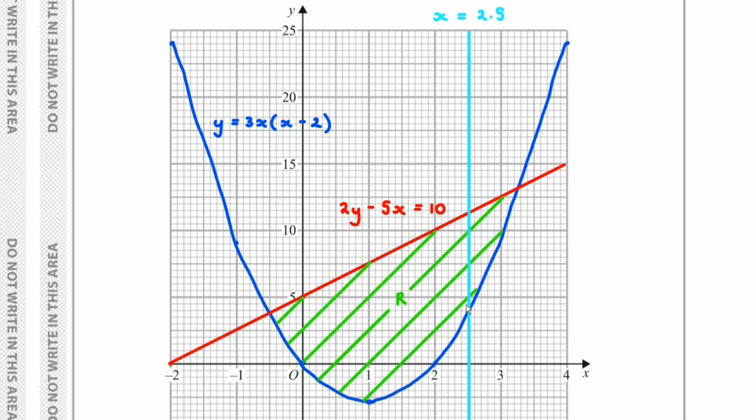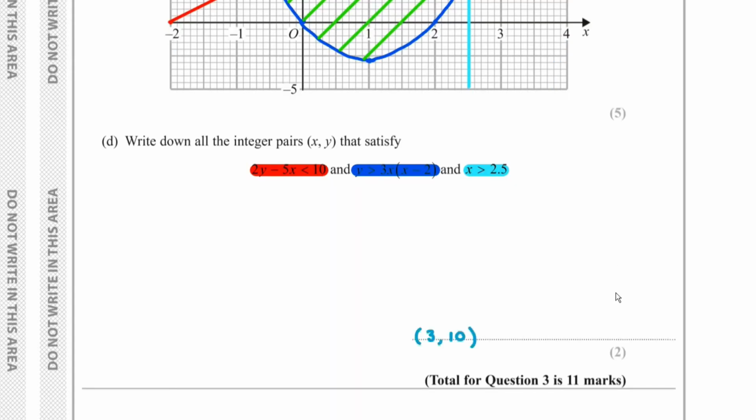Here is the line x equals 2.5. Where we have integer values, that will be along the line x equals 3. We have one of those points here, which is (3, 10).